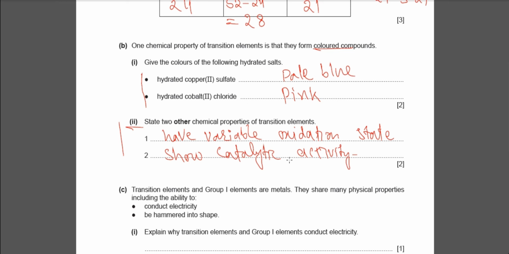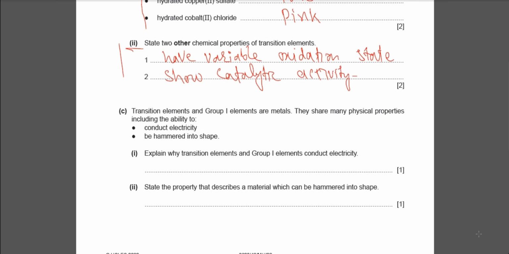You can learn these from that part, and if you still don't remember, please make exam notes. You notice that transition elements have 3 chemical properties. One is making colored compounds, the second is having variable oxidation state, and the third is showing catalytic activity. Please note it down and memorize properly.